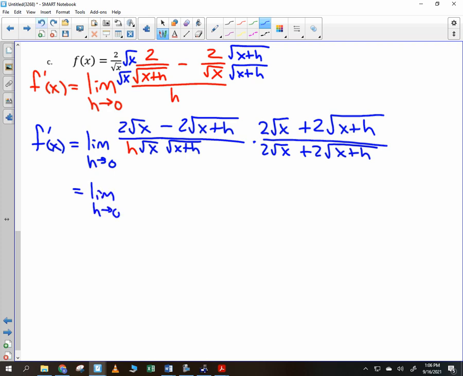You tell me, what do I get in the top? 4x, good. Is it plus 4h or minus 4h? Minus 4h. Isn't that nice? It really is nice that it works out. You just see how everything cancels.